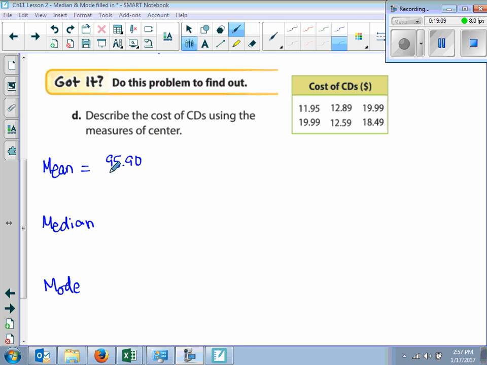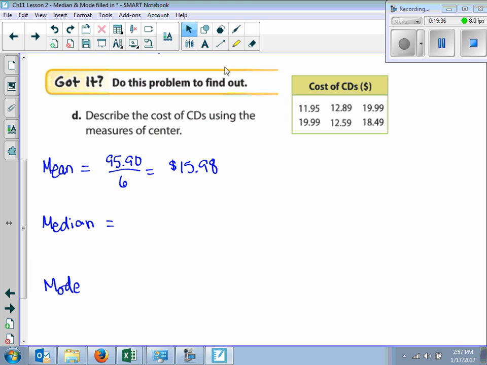So to find the mean, we're going to add up all of our data items, and because there's 6 in the list, we're going to divide by 6. And when we do that, we end up with $15.98.